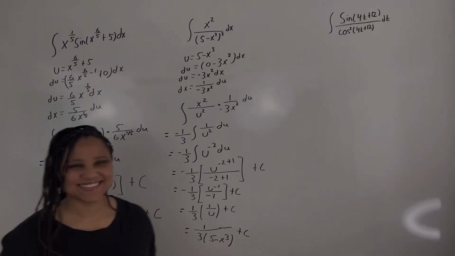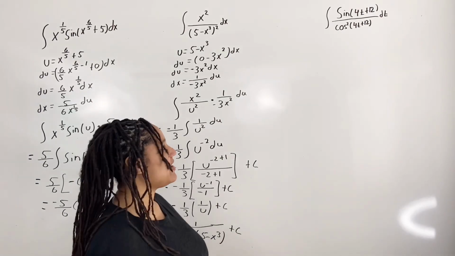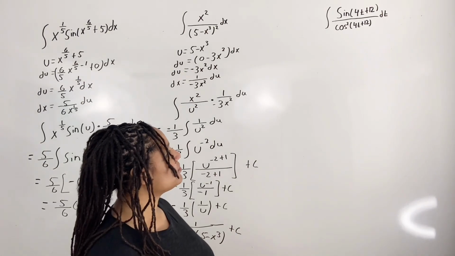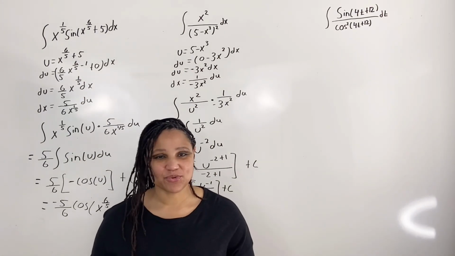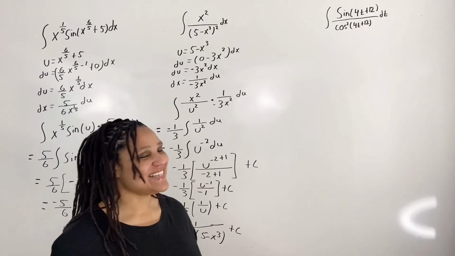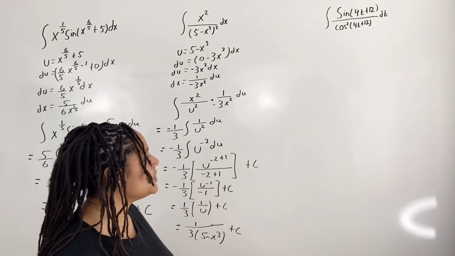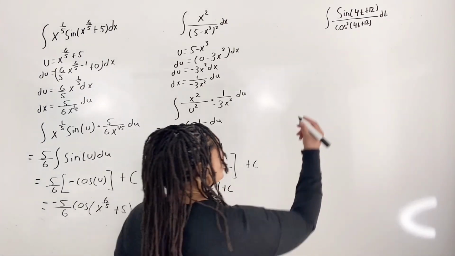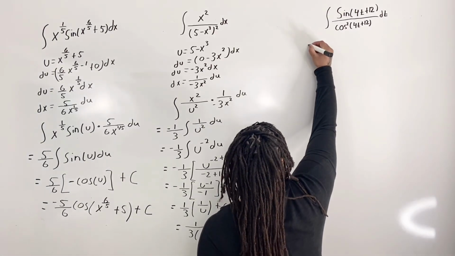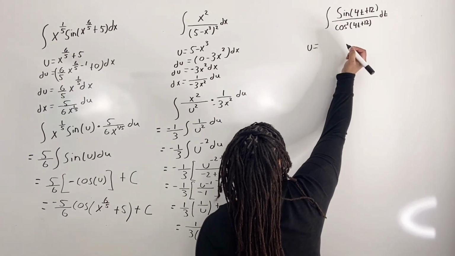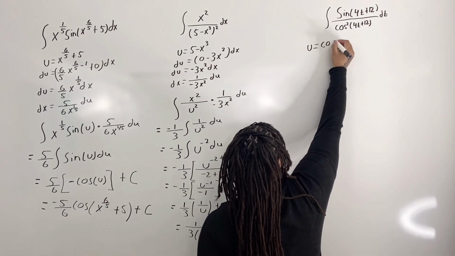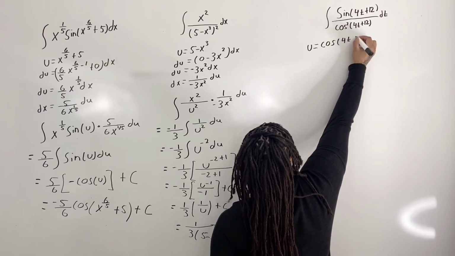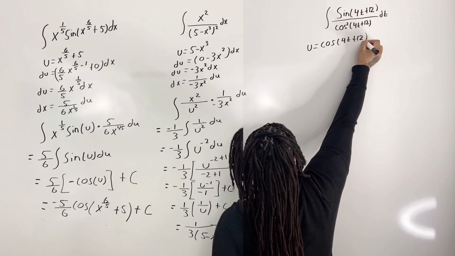Okay. For the last example, we have the integral of sine of 4t plus 12 all over cosine squared of 4t plus 12 dt. So I will choose u to be cosine of 4t plus 12. So we have u is equal to cosine of 4t plus 12.